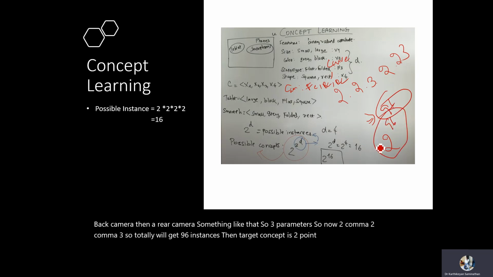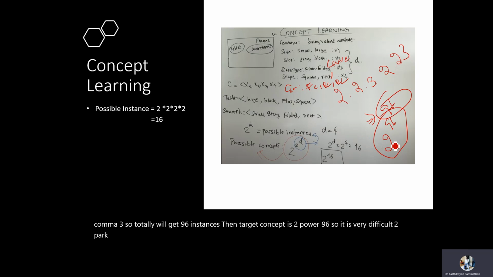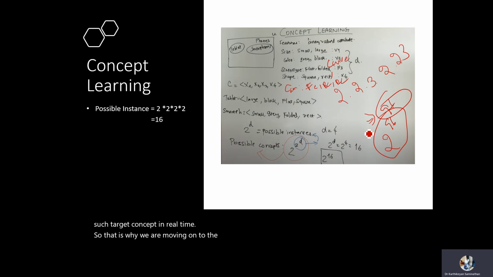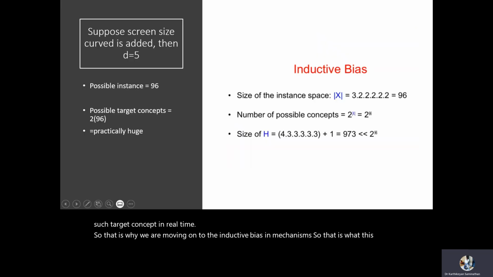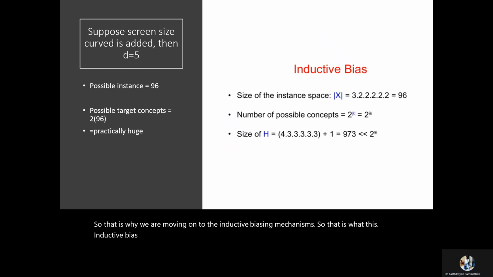2 power 10 is 1024, so think about 2 power 96. It is very high. It is very difficult to evaluate such a target concept in real time. That is why we are moving on to inductive bias mechanisms.